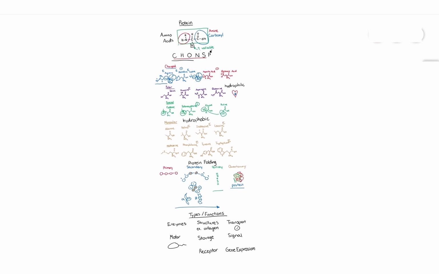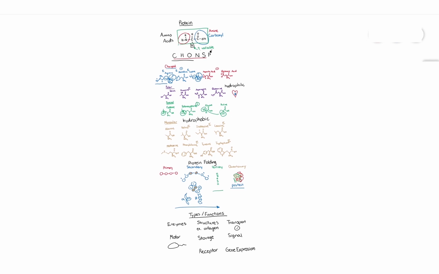And protein folding dictates the function of your protein, and it's separated into primary, secondary, tertiary, and quaternary phases, with primary just being the amino acid chain, secondary being the interactions between the polypeptide chains within the polypeptide, tertiary being the interactions between the actual side groups, and finally quaternary being between multiple polypeptides and finally creating your final protein.